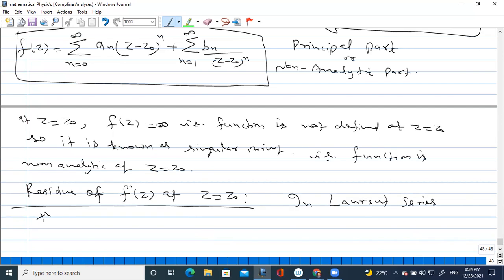The coefficient of 1 upon z minus z0 is known as residue.